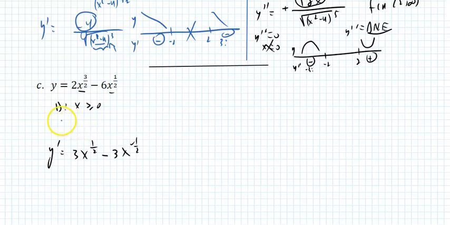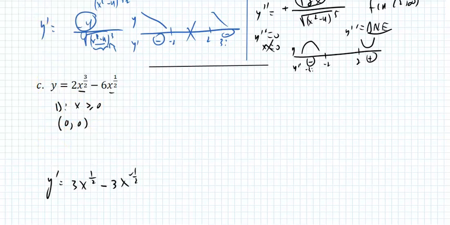Intercepts. If I set x equal to 0, I'll get y equals 0. And if I set y equal to 0, I could factor a 2x to the 1/2 out. I will have x cubed. Let me think.